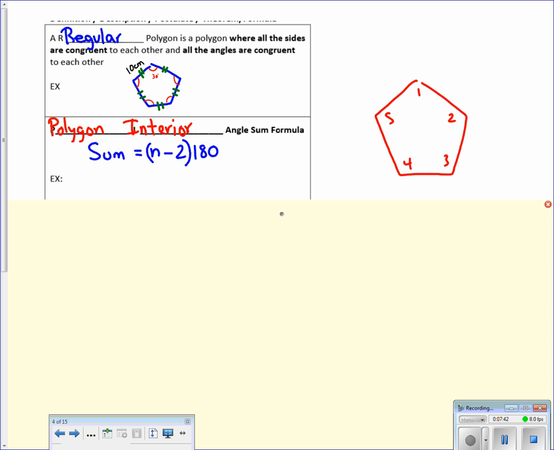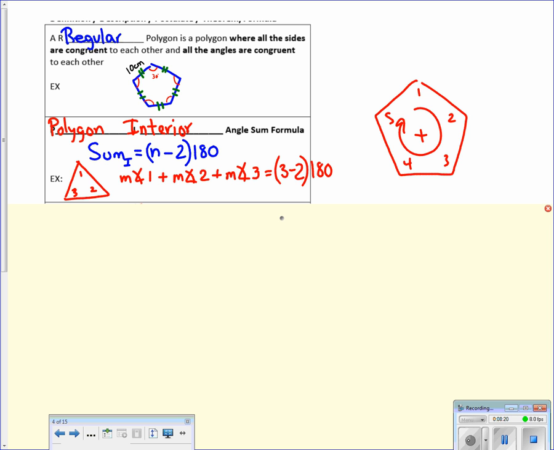If 1, 2, 3, 4, and 5 represent the angle numbers, and I add up whatever angles those were, 30, 50 or whatever, they're just different angle measurements, I could calculate what the sum of all the interior angles is. That's what this formula means. I'm just going to put a little i down there. The sum of the interior angles is calculated by taking n minus 2 times 180. The n again represents the number of sides or the number of angles.